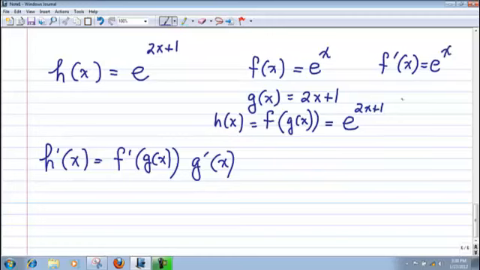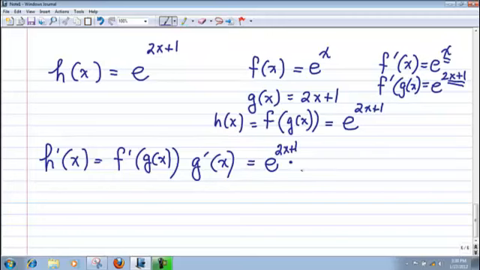F prime evaluated at g of x is e to the, not x, but 2x + 1. So I'm substituting g here for x. So my derivative of h of x, or h prime of x, will be e to the power of 2x + 1 multiplied by g prime of x.